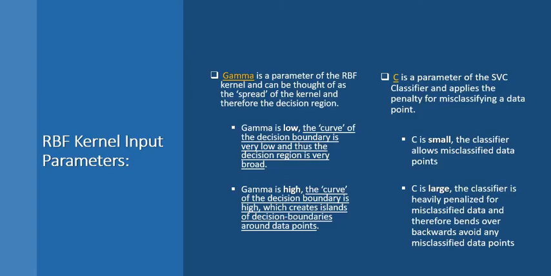So this is basically the difference between gamma and C. The takeaway from this slide is that gamma is more concerned with the decision boundary, which is the demonstration of the curve of the kernel. But C is just concerned with misclassification of the data points.